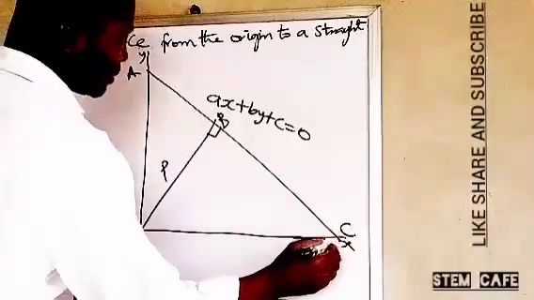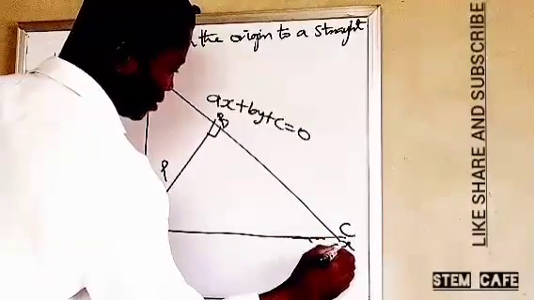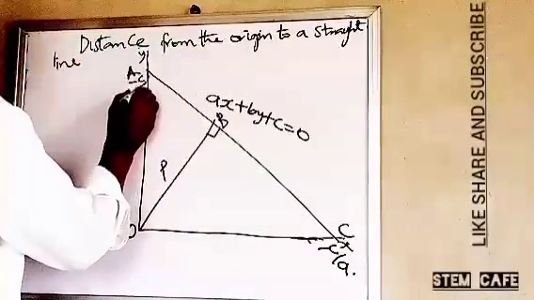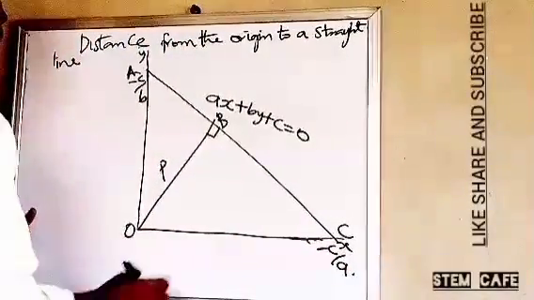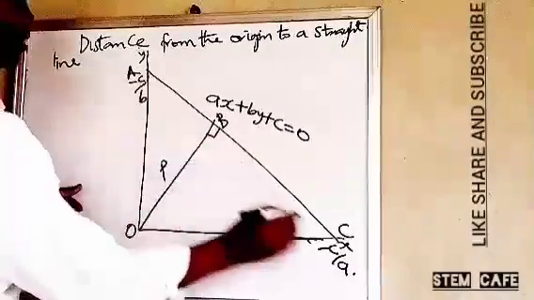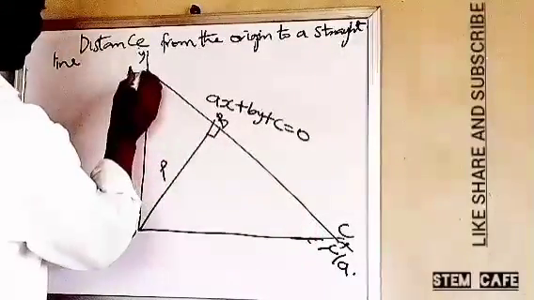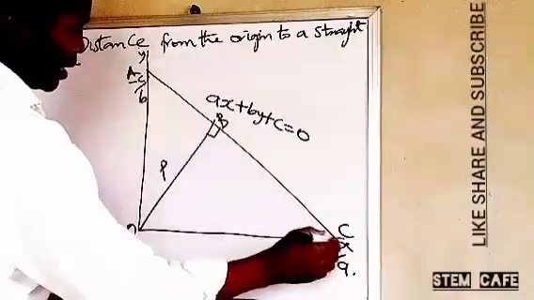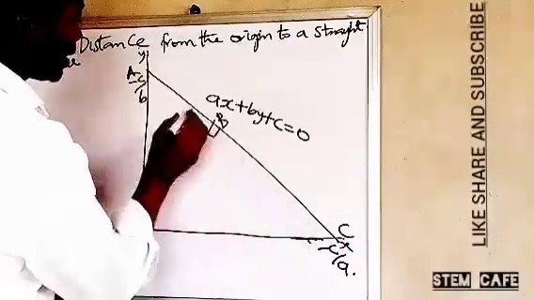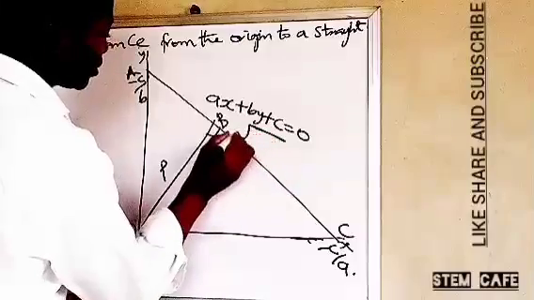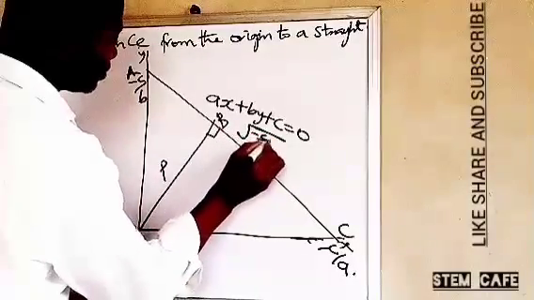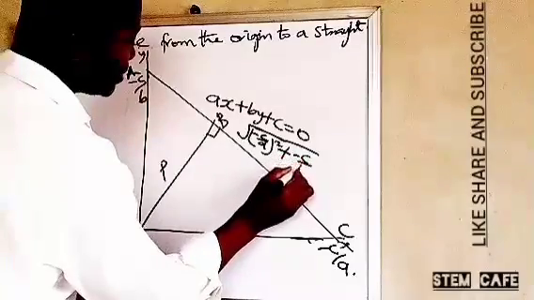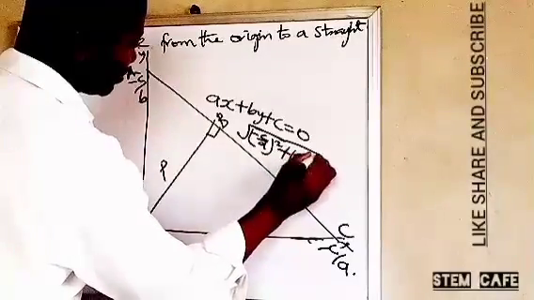So the intercept on the x-axis will be minus C over A. The intercept on the y-axis will be minus C over B. And the distance from A to C, the length of the intercept, will be the square root of minus C over A squared plus minus C over B squared.